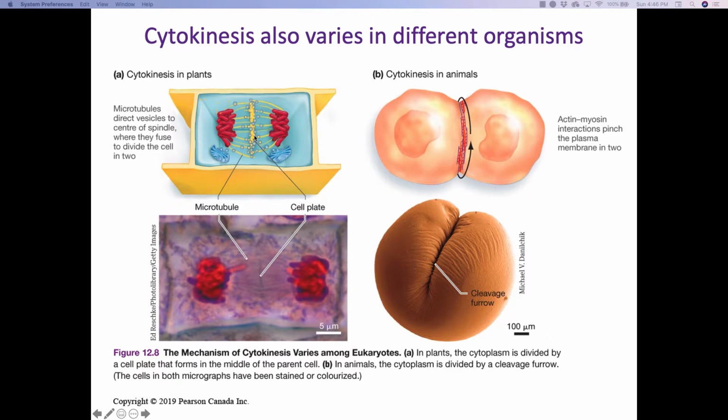And you should be able to tell me whether they're moving towards the plus or the minus end of the microtubules. When the vesicles reach the metaphase plate area, or midway between these two groups of chromosomes, they find each other and begin to fuse. And in fusing, they actually create new membrane here, sort of like a giant bubble, which expands across the cell and will eventually meet up and fuse with the cell membrane on either side of the cell.